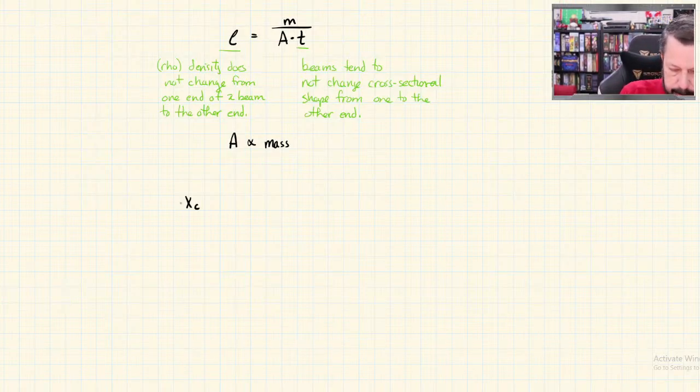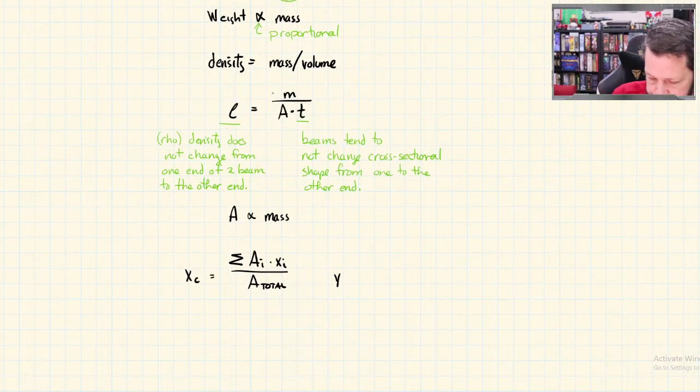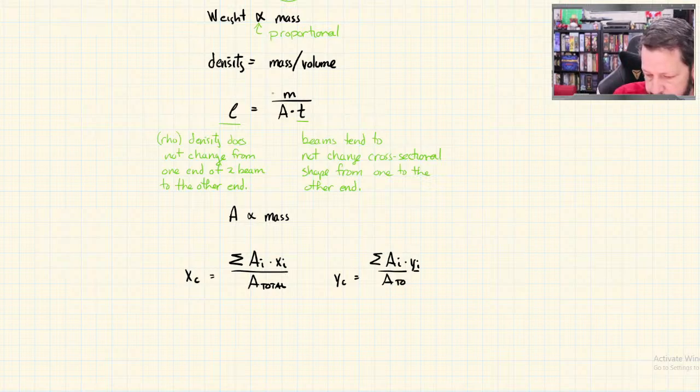X sub c is a little bit easier to deal with if I say the summation of A sub i times x sub i over the total area. The denominator before was the summation of all the weights, but area is proportional to mass, mass is proportional to weight, and so instead of summing up the weights, I'm going to sum up the areas. Same thing with y sub c: summation of A sub i times y sub i over the total area.